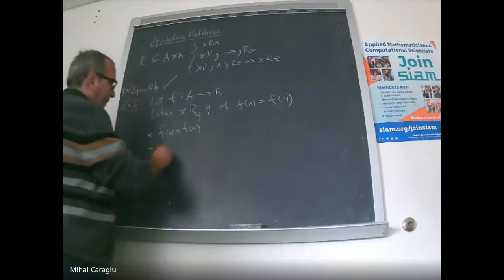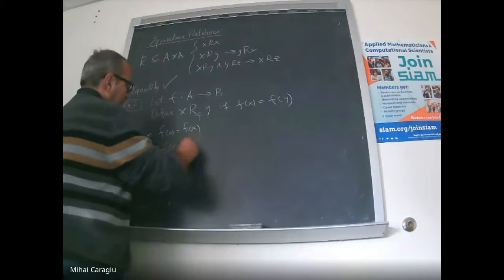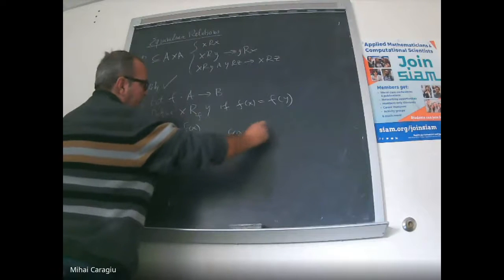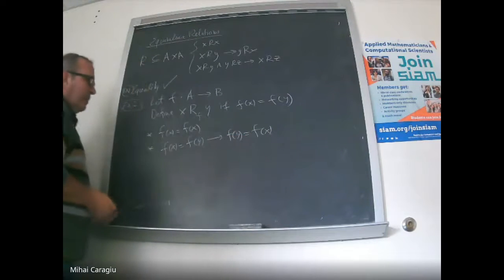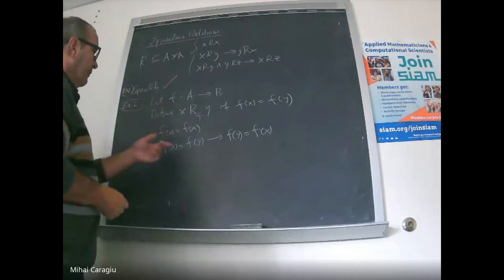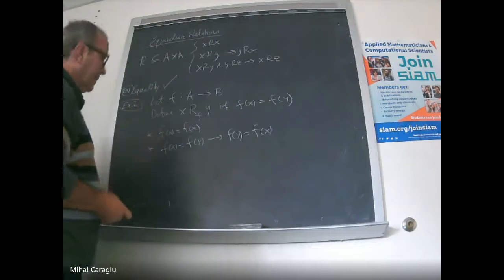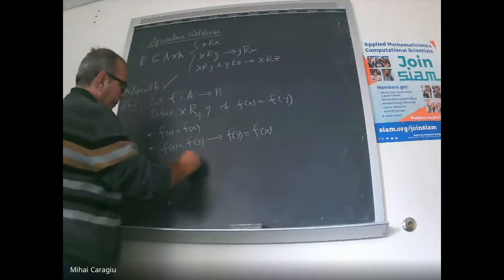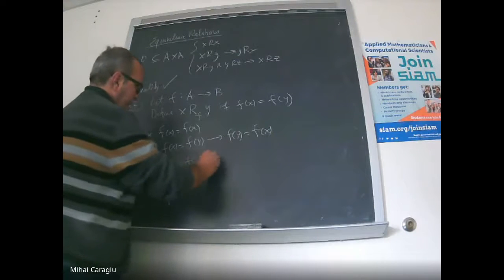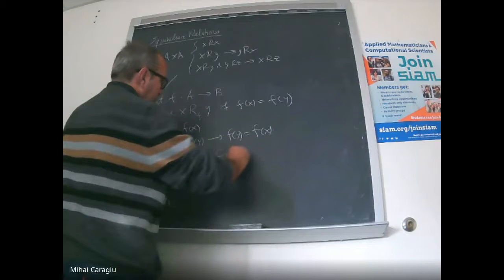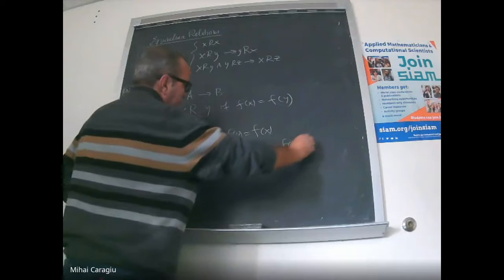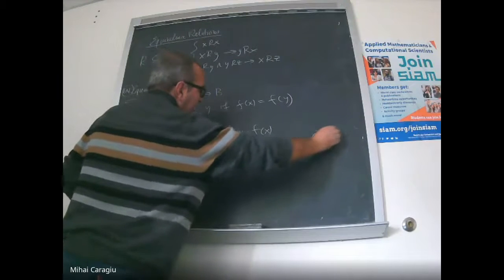Symmetry. If f of x equals f of y, then obviously f of y equals f of x. To be read: if x R sub f y, then y R sub f x. And thirdly, if f of x equals f of y, and f of y equals f of z, then f of x equals f of z.